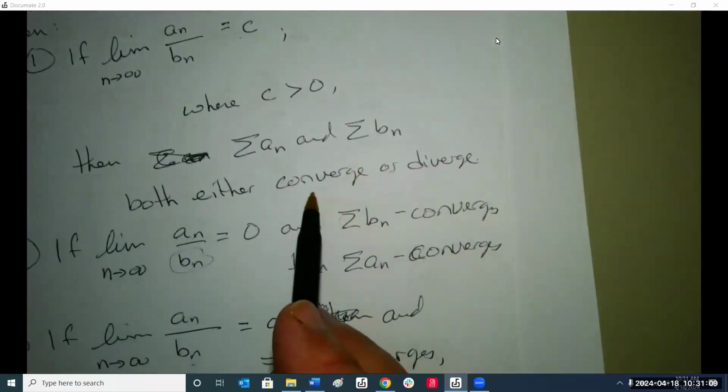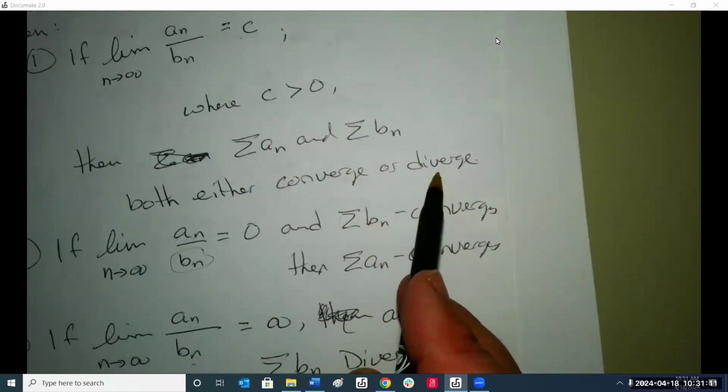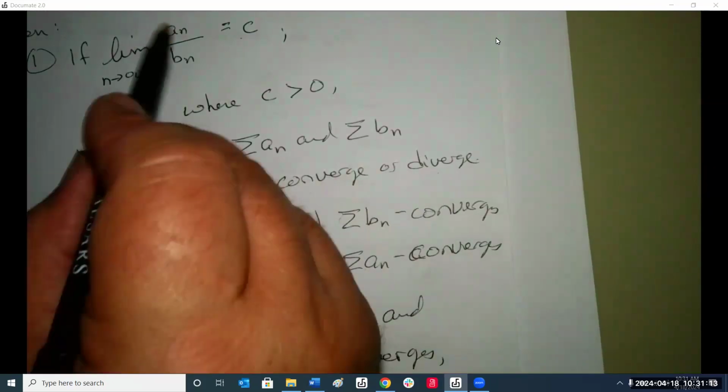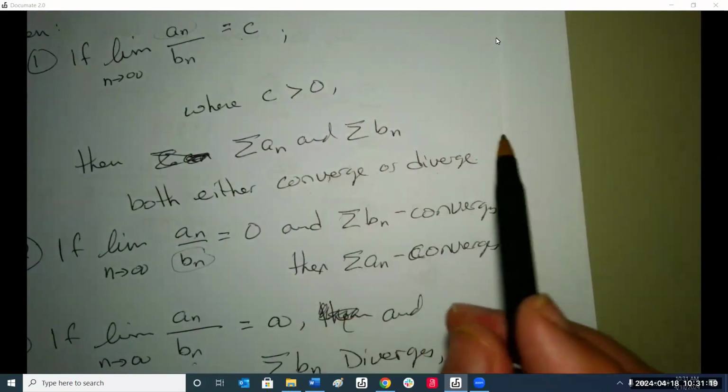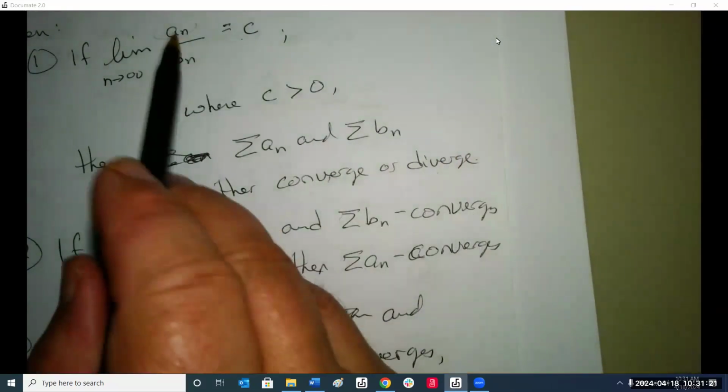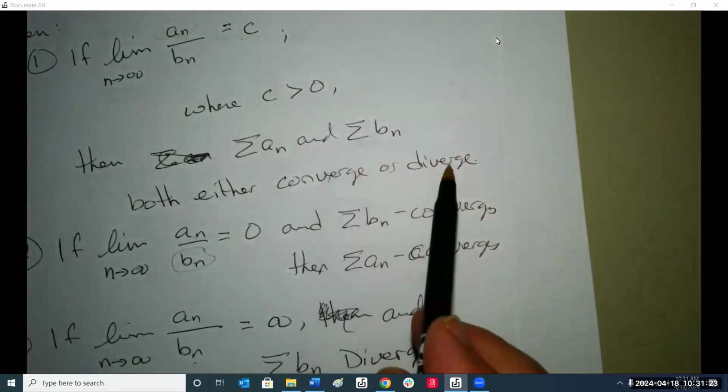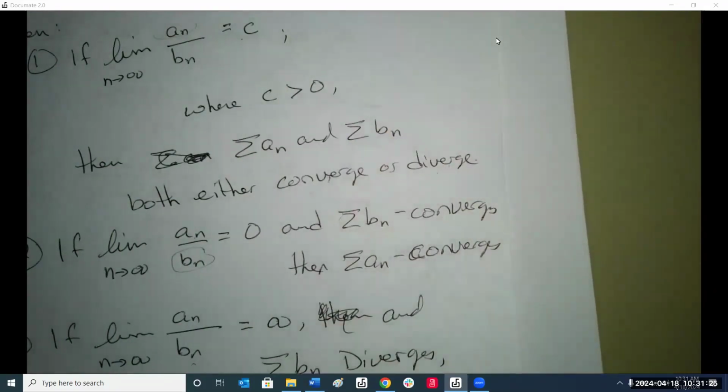So therefore, since the top diverges, it goes to infinity. Since the top diverges, that means the bottom diverges.